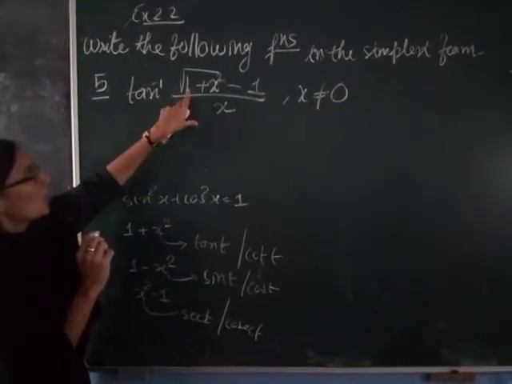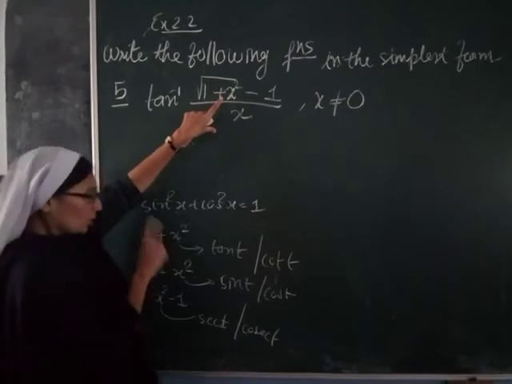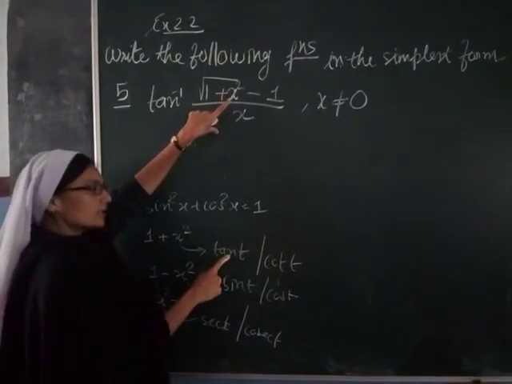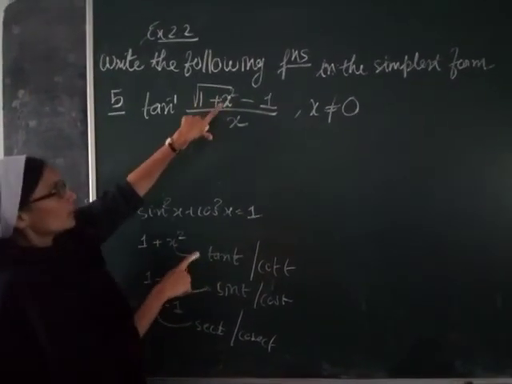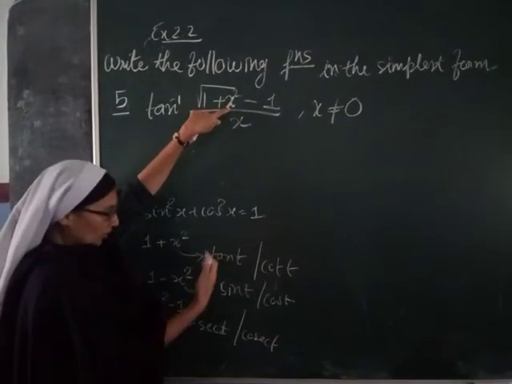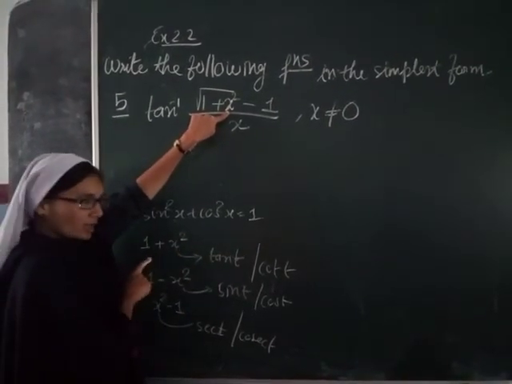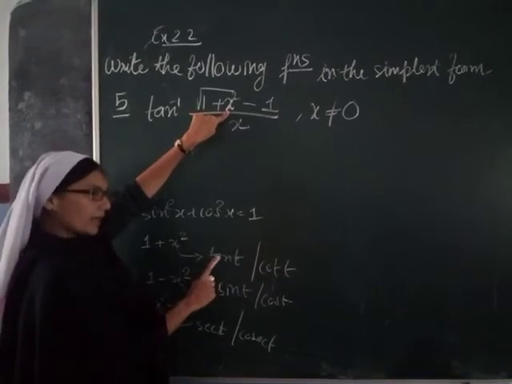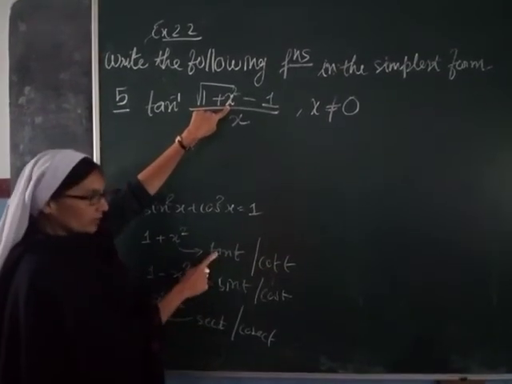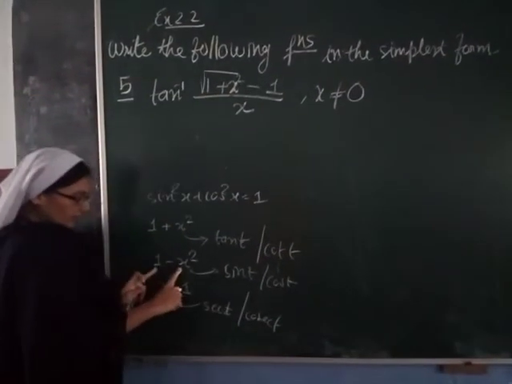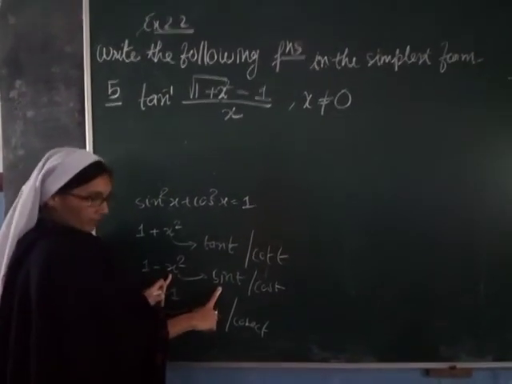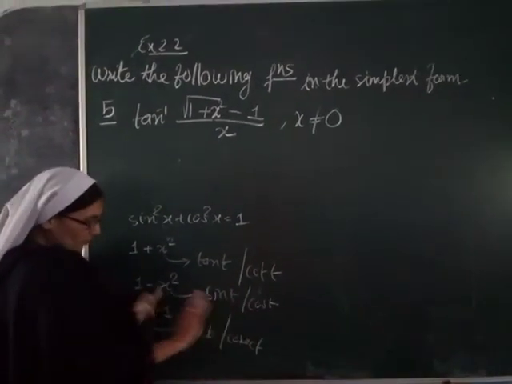So remember that if 1 plus x square is there, I usually take x as tan. If it is 1 plus x square and we have to simplify, then I will take tan or cot, but usually we take tan. If it is 1 minus x square, then instead of x I will take sine, or cos, depending on the calculation.